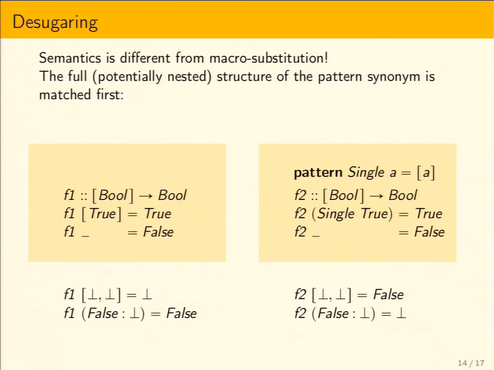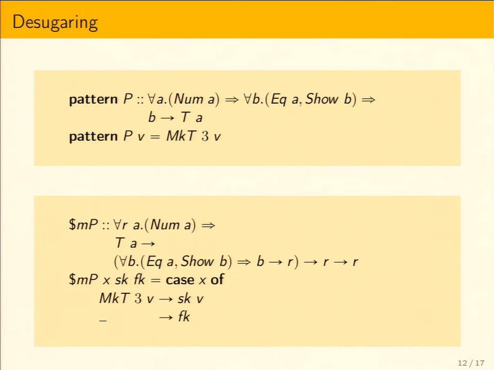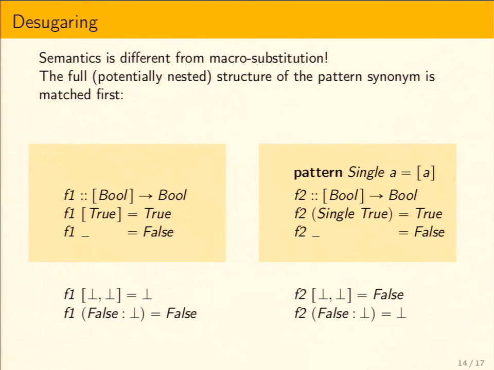The difference is that the full, potentially nested structure of the pattern synonym is matched first, as we saw here, and only then do we pass the subterms to the success continuation to do its pattern matching.